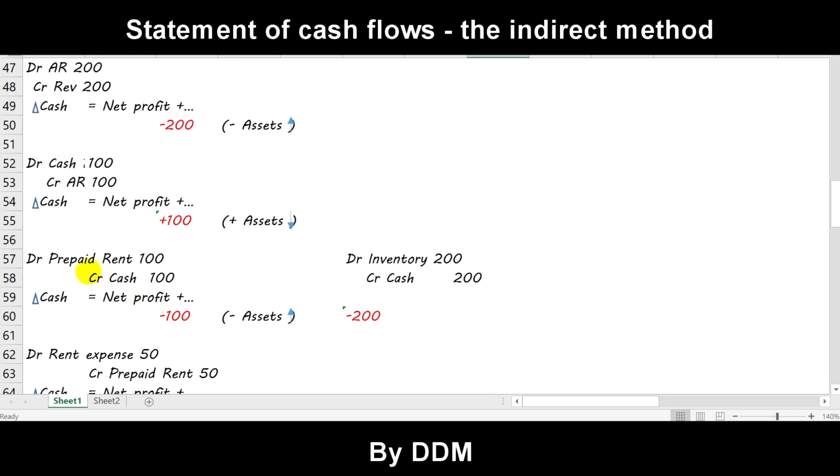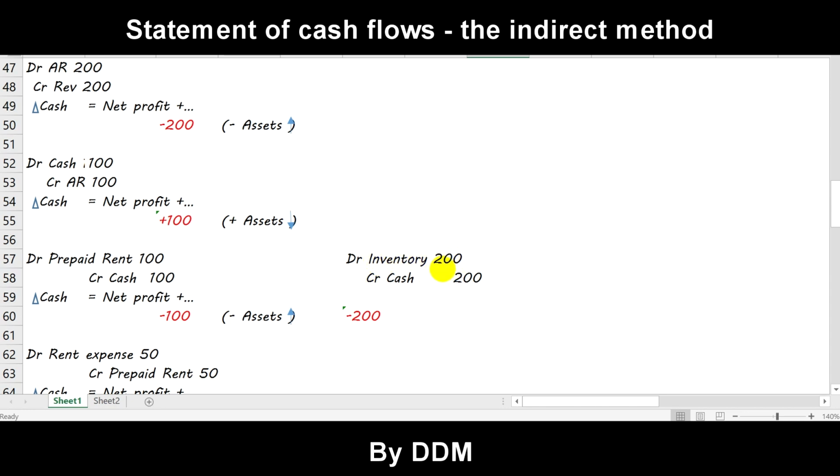Another example is, what if we prepaid rent? After we prepaid rent, our cash reduced by $100. When this side reduced by $100, to make both sides equal, we need to reduce this side by $100 as well. And this $100 is the increase in asset. Now, if we look at inventory, this is the same logic.